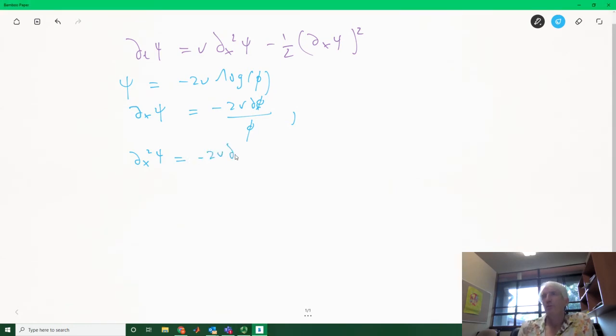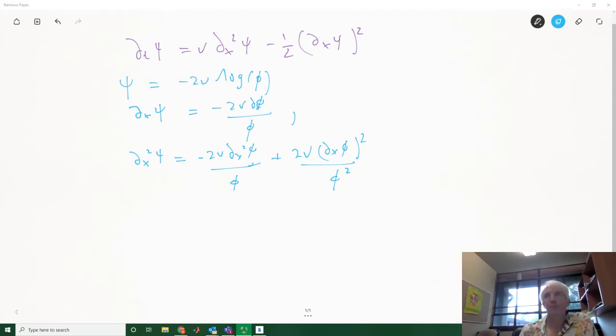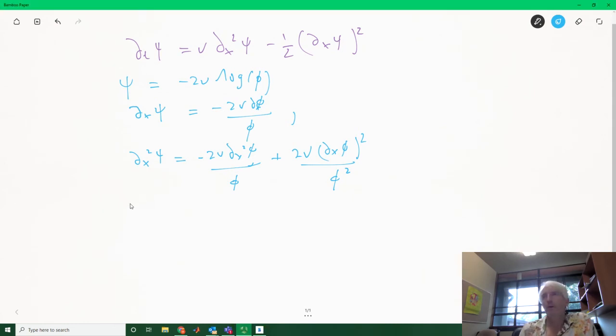Minus 2 nu dx squared phi over phi plus, now we're going to differentiate this to the minus 1, which is going to give us 2 nu, but the minus power of minus cancels with the minus, we get dx phi squared divided by phi squared. And then the time derivative of psi is going to be minus 2 nu dt phi over phi.